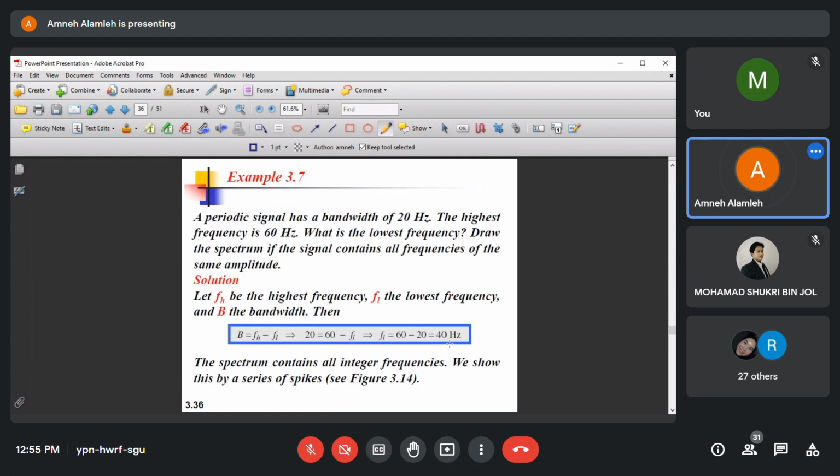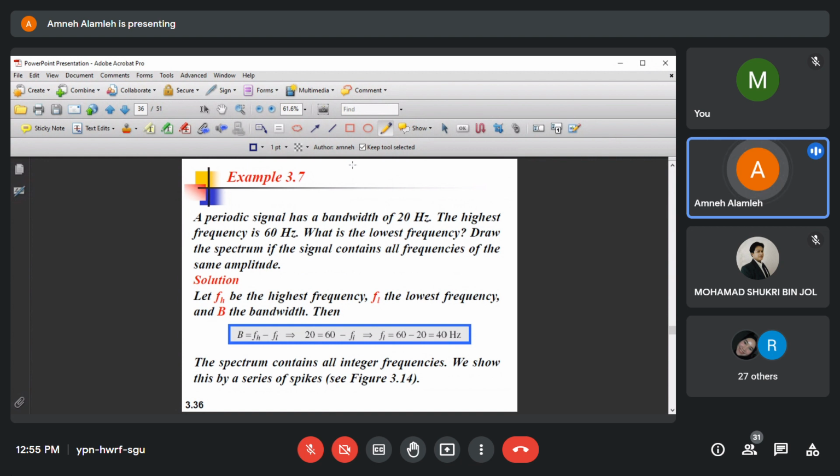Example 3.7. A periodic signal has a bandwidth of 20 Hz. The highest frequency is 60 Hz. What is the lowest frequency? Draw the spectrum of the signal, which contains all frequencies of the same amplitude.